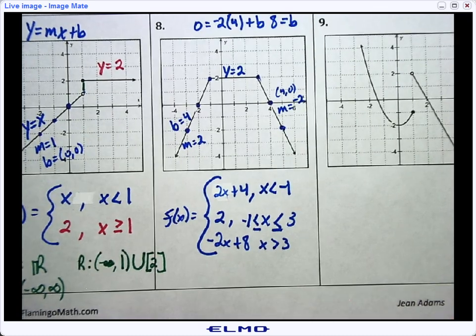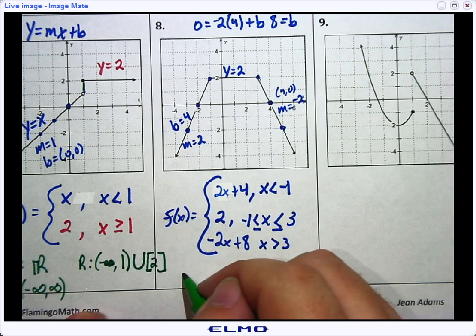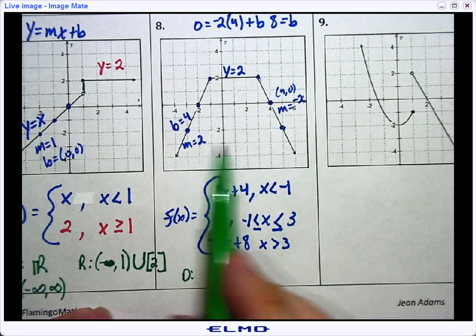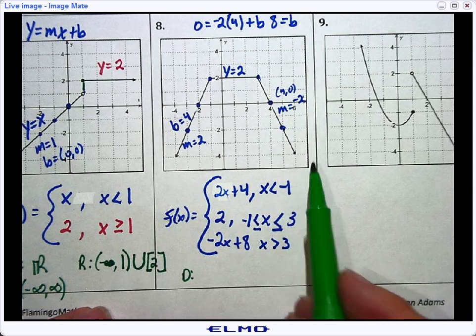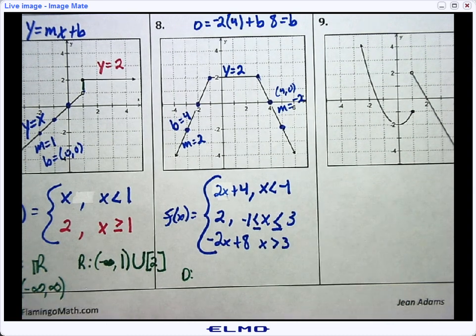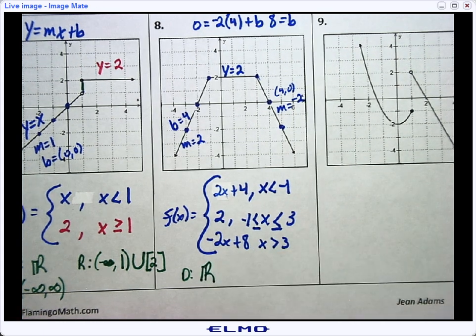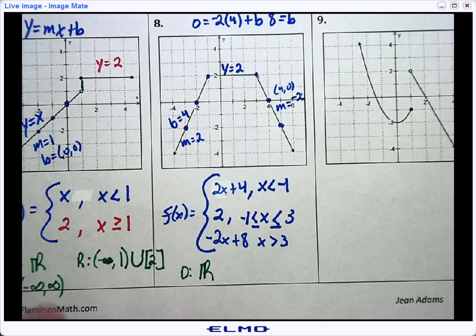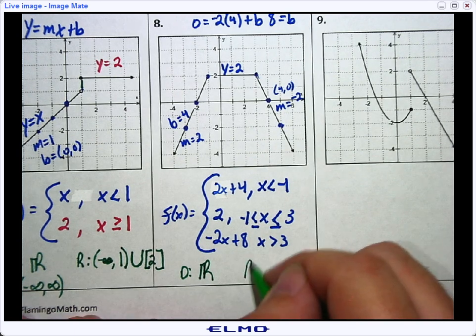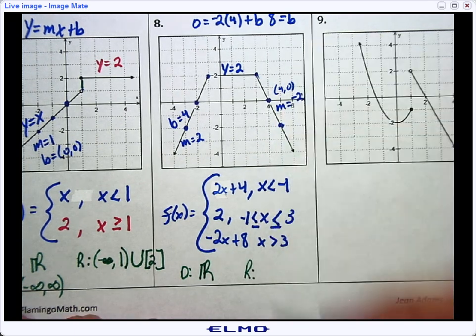All right, for the domain and the range, so again, domain is how far left and right your graph would go. Notice this thing keeps slowly going to the left and slowly going to the right. So over time, all your x's are going to be accounted for. So all real numbers, or again, you can do the infinity, negative infinity. For your range, it's how far up and down.